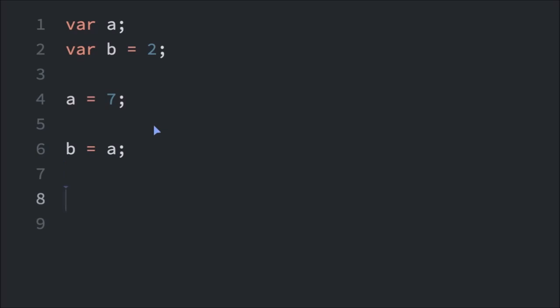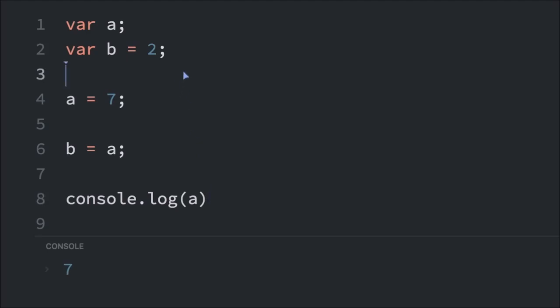One thing I want to tell you about is console.log. Console.log allows you to see things in the console. So I'm going to console.log a. And if I load this here, you can see down here in the console, it shows 7. So right now we've assigned a to be 7, and so when we console.log a, it shows 7 down there.